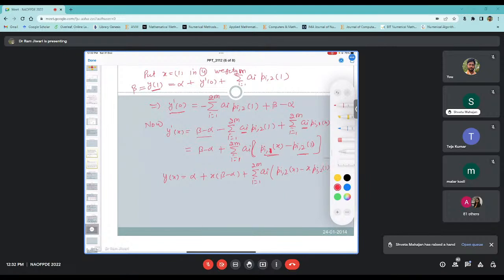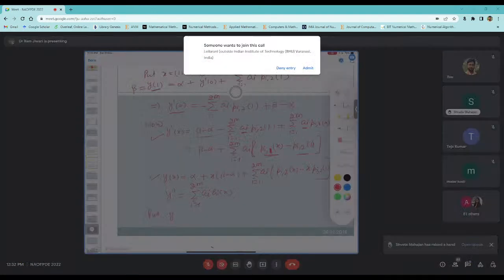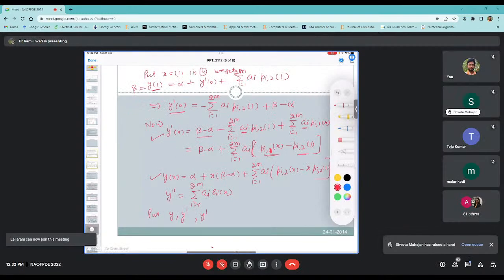So we have this. This is y dash, this is y, and y double dash I have already assumed as summation ai hi x, i running from 1 to 2m. So now put y, y dash and y double dash in equation 1, because we have already used the boundary conditions.